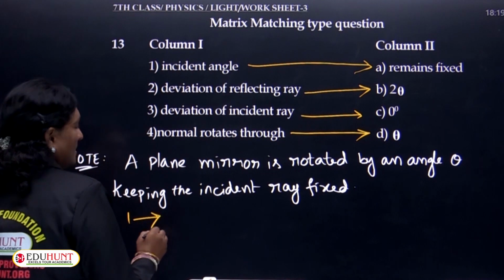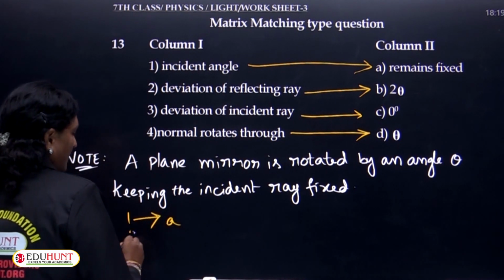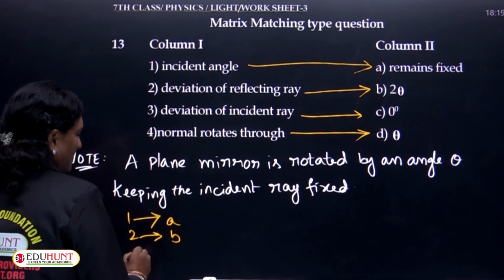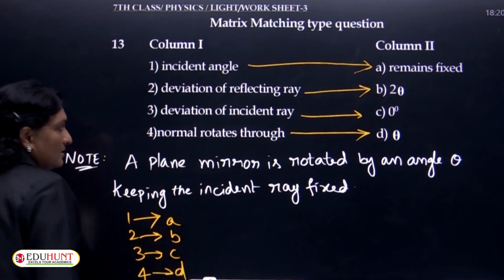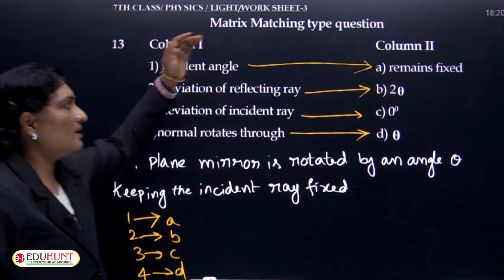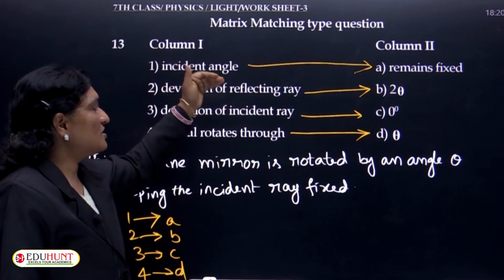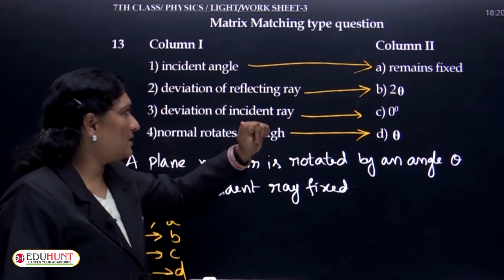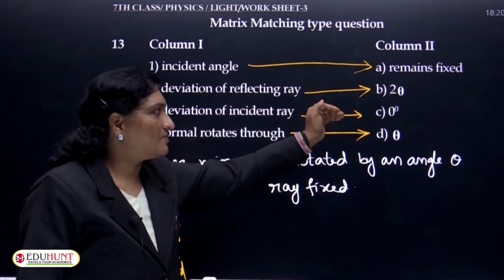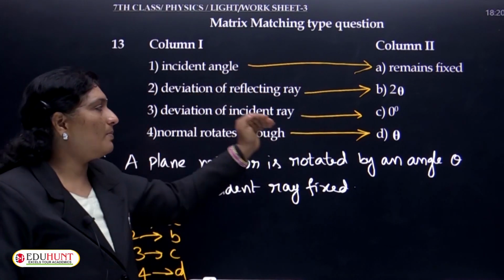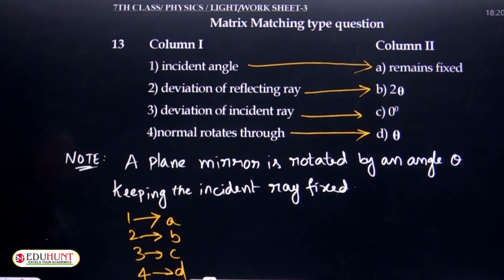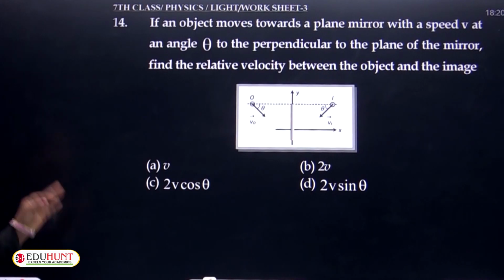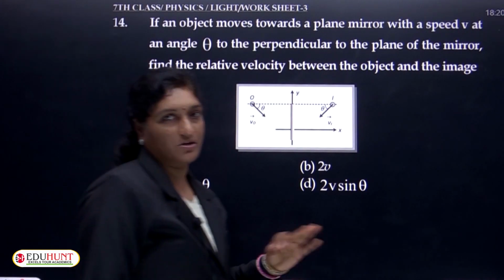The first option is A, second option is B, third option is C, whereas the fourth option indicates D. So, incident ray remains fixed, deviation of reflected ray is by 2 theta, deviation of incident ray is found to be 0 degrees and the normal rotates by an angle theta. Got it? Well, let us look into the last question, children.